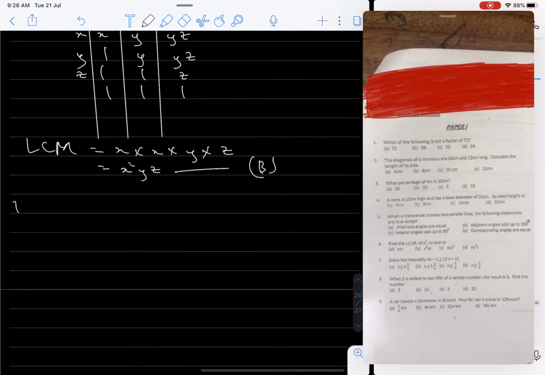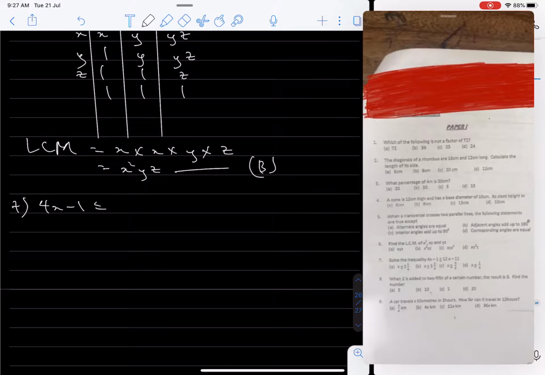Now to number 7. Solve the equation 4x minus 1 less than or equal to 12x minus 11.